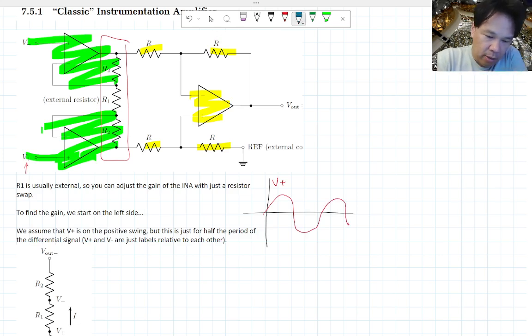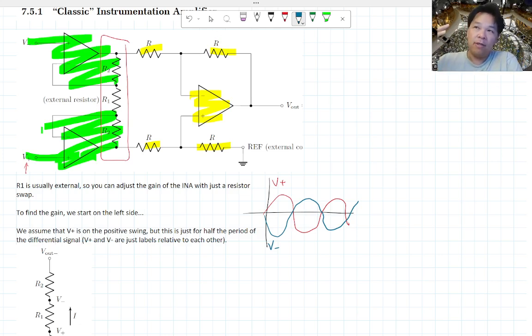The V minus, since we're trying to amplify differences, can swing in the opposite direction. So V plus and V minus are just labels. V plus doesn't mean it's always going to be positive, and V minus doesn't mean it's always negative. They're just relative to each other, and it's the difference between them that you're going to be amplifying.